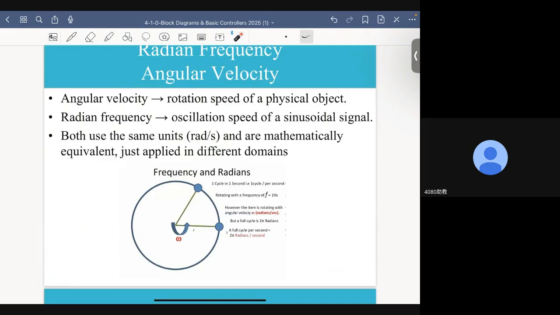That's how we connect the dots: radian frequency is speed, and when we say speed, we refer to angular velocity.